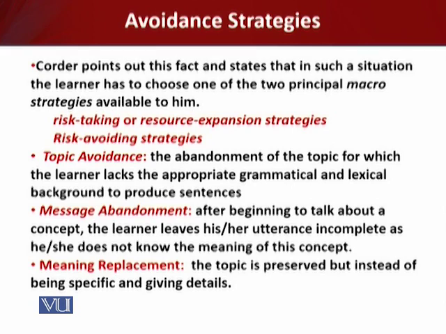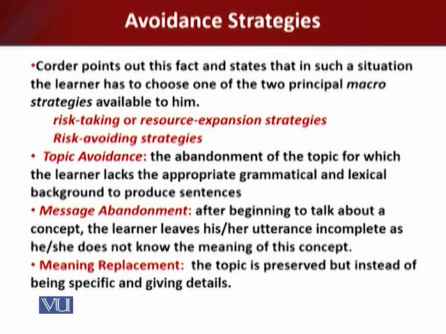As the alternative, the learner may ignore or exclude the part of the message causing difficulty to himself, that is to say, he plays safe and omits the part including an unknown grammatical structure or lexical item in the production. This Corder calls risk-avoiding strategies.